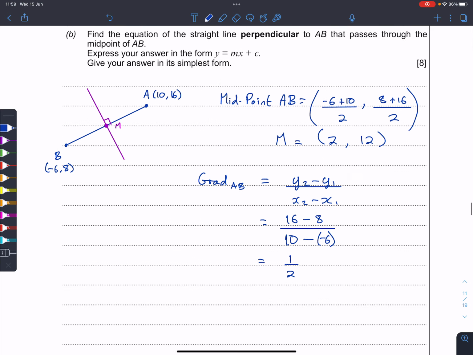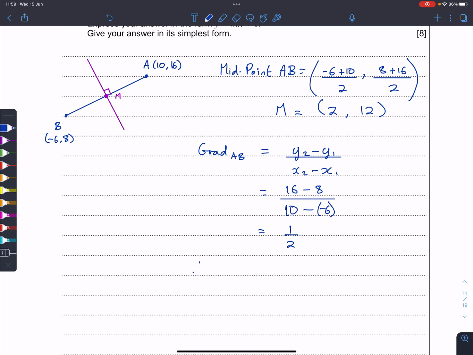Okay, so AB has a gradient of a half, which means the perpendicular gradient is going to equal the negative reciprocal. So change the sign and flip the fraction. A half becomes 2 over 1, so negative 2.